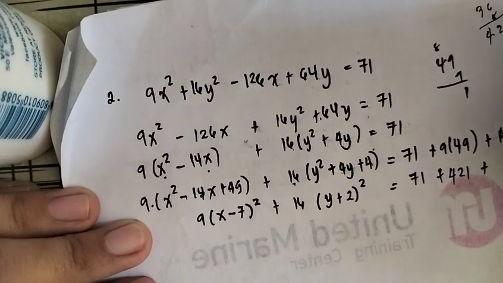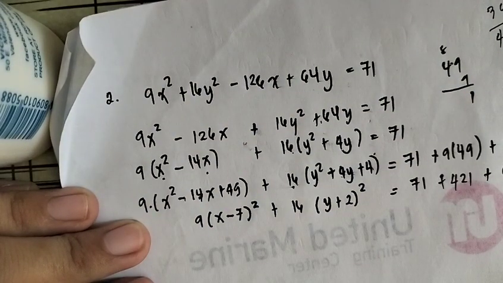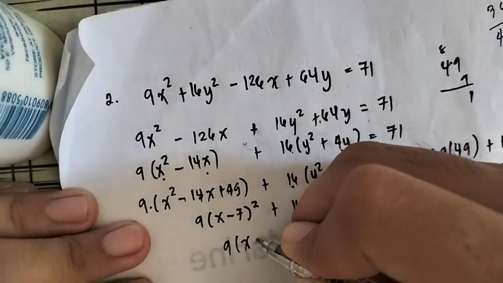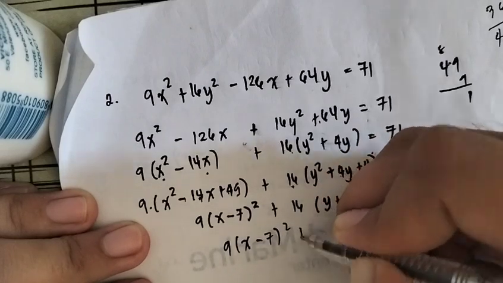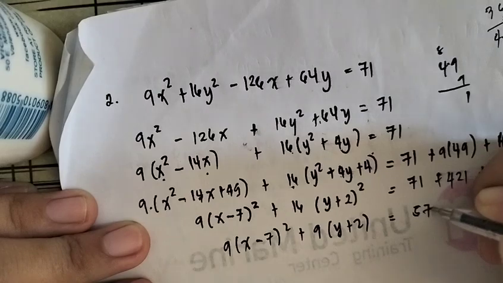So, 16 times 4, 4, 24, 64. So, 64 plus 421 plus 71, that is 576. So, equal to 576.